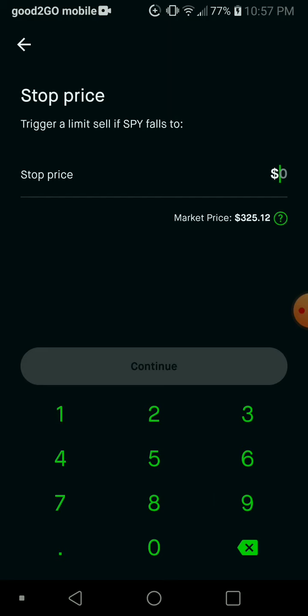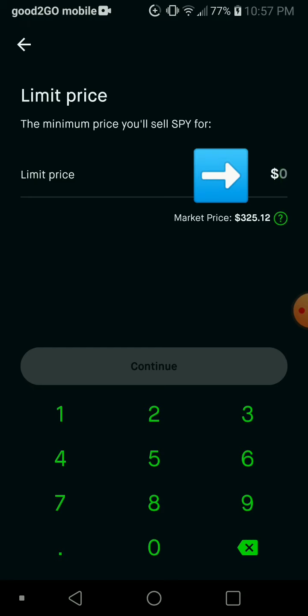Now it's going to ask what the stop price is. So the price now of the S&P 500 is 325. I'll say if the stock hits 320, please trigger the order. And now it's going to tell you to enter the price at which you want to sell that stock. So if the stock drops from 325 to 320, I hope it will go up to 326.